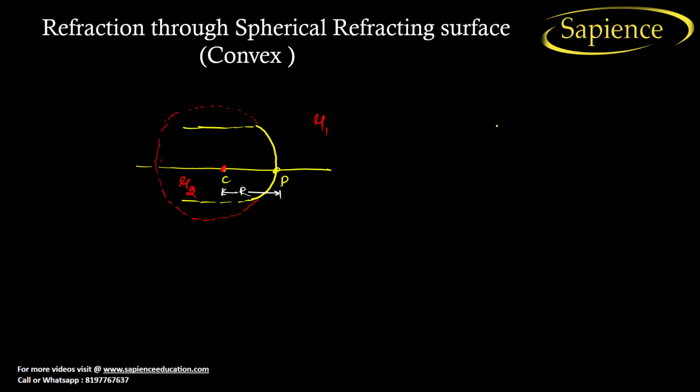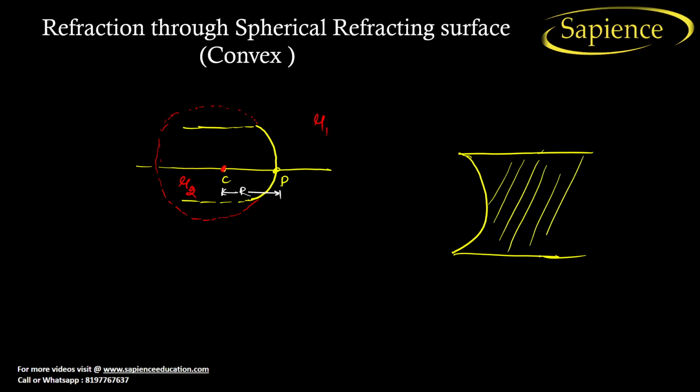Now let us go for the next one. Let us consider this surface. This is the concave part, so this type of surface is known as a concave surface. It has a refractive index of mu2.